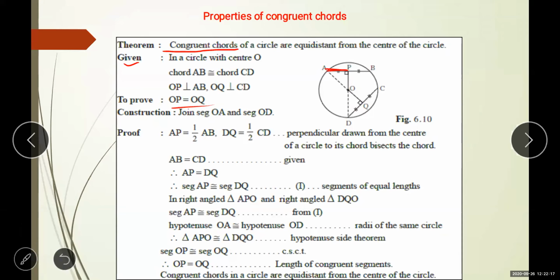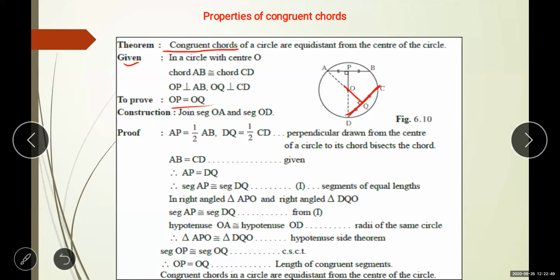Because we know that the perpendicular drawn from the center bisects the chord. So chord AB is bisected into AP and PB, so that AP is exactly half of AB. At the same time, DQ is also bisected by OQ. Here, if this perpendicular is drawn, that means it bisects.